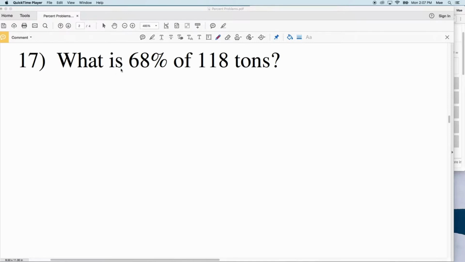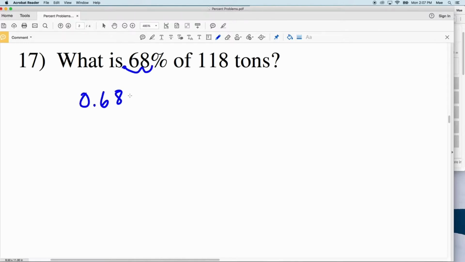For number 17, it says, what is 68% of 118 tons? So converting the percent, we're looking at 0.68 of, so multiplied by that 118 tons, and that's going to give us our answer or a number that we're looking for.